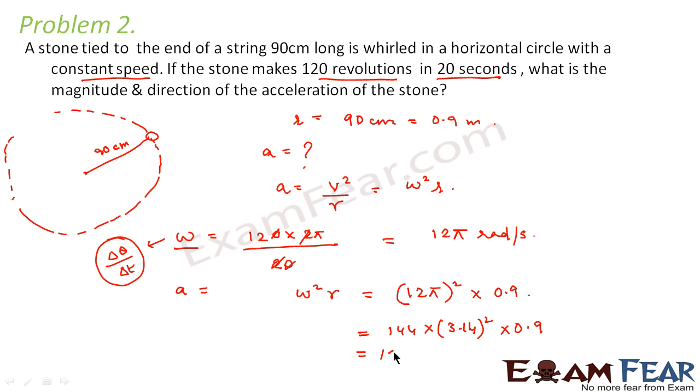So the acceleration comes out to be 1277.8 meter per second square. So this is the value of the acceleration. So we got the magnitude of the acceleration.